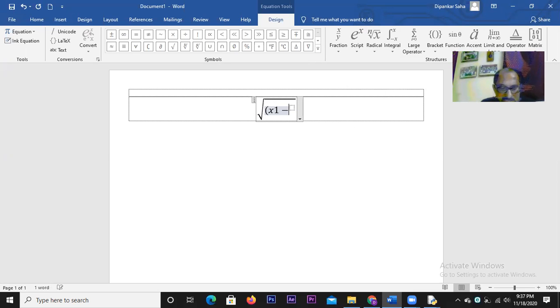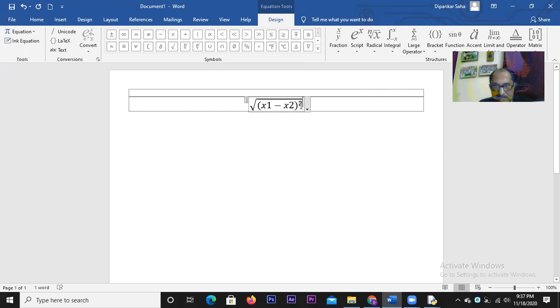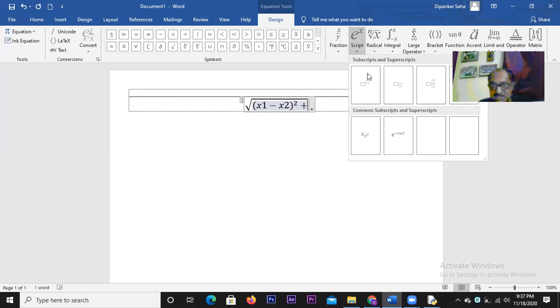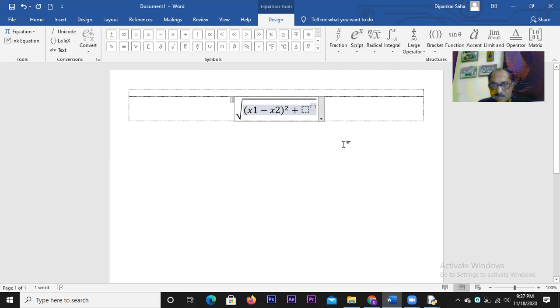x1 minus x2 square. Then comes plus, again we need to take this, y1 minus y2 square.